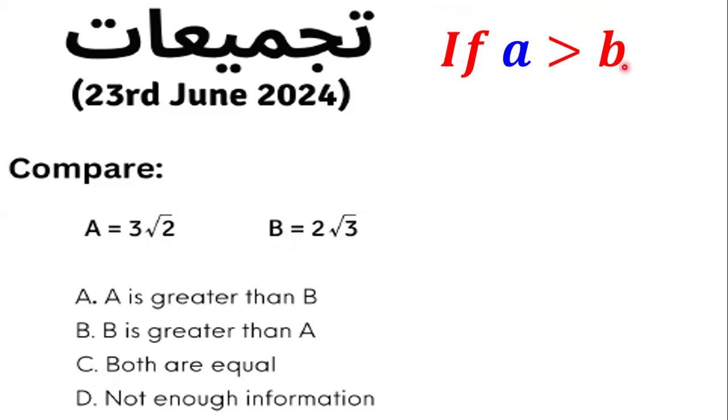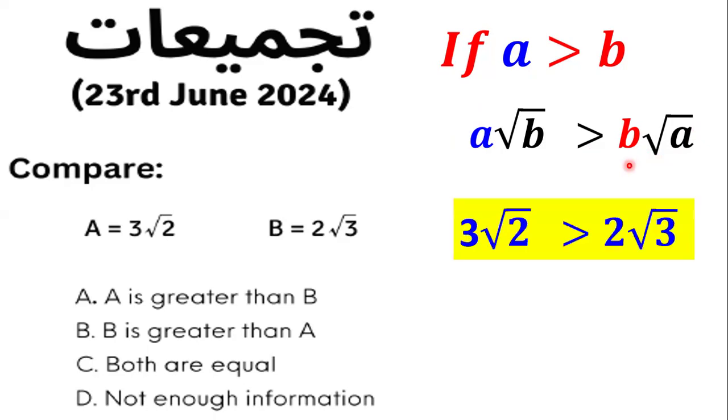If A is greater than B, where A and B are two constant numbers, therefore, A square root of B is greater than B square root of A.